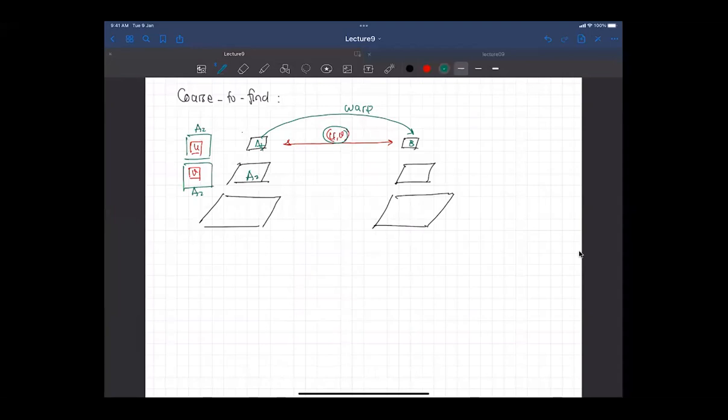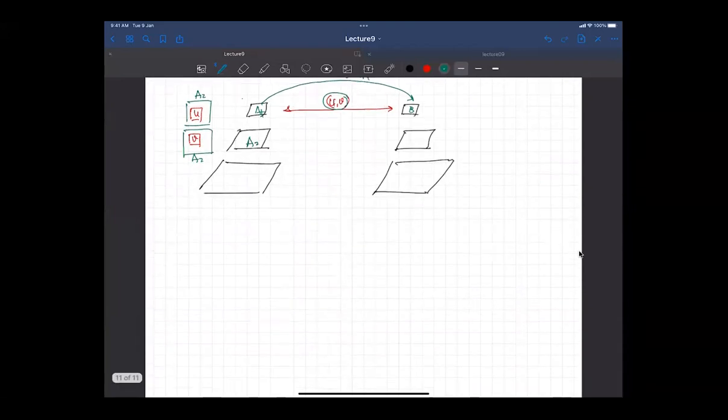But of course, the original U is much smaller than the resolution of A2, right? In that case, we just make it bigger and then do the interpolation. It means that for pixels, if we have 4 pixels, for example, this is from the original U. If you enlarge, then you have these pixels here, right?